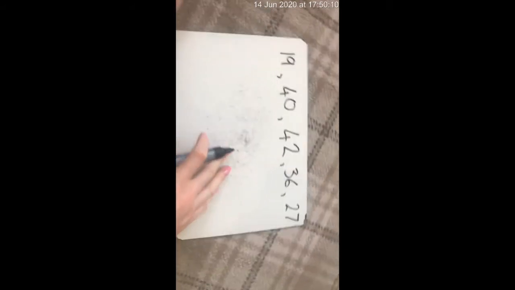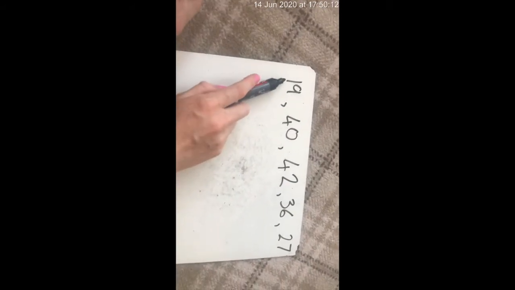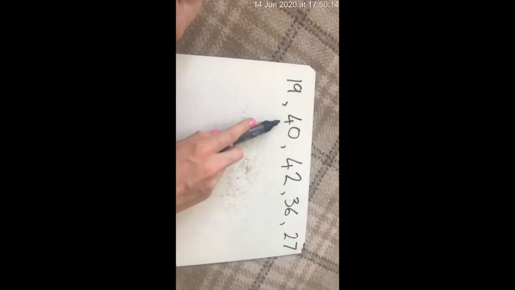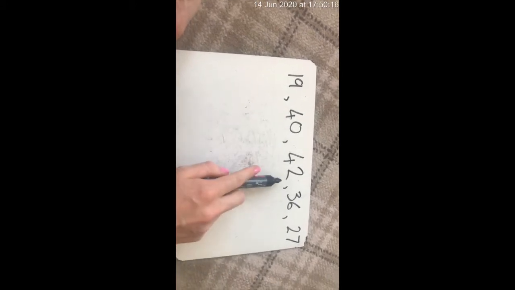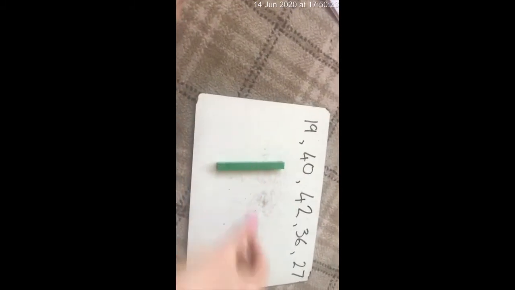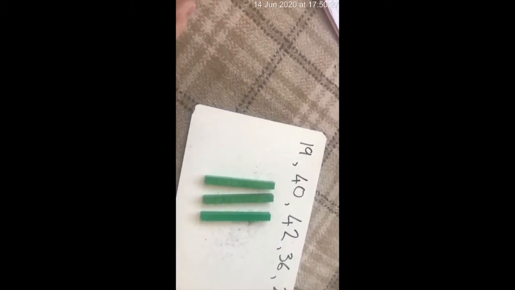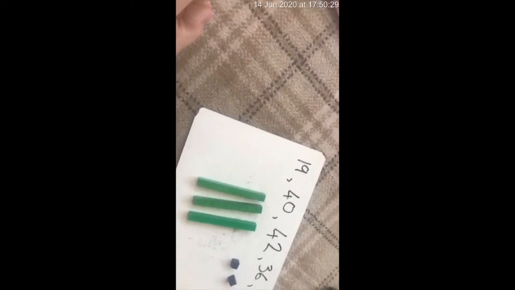Okay, and so these are my numbers. I've got 19, 40, 42, 36 and 27. And I am going to give myself these bits of equipment.